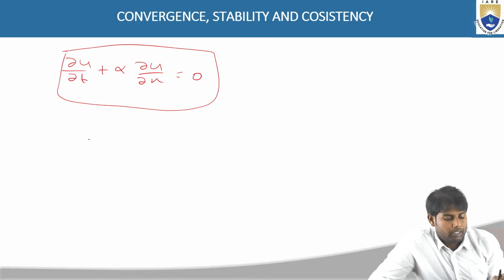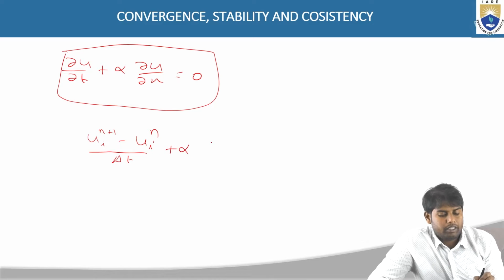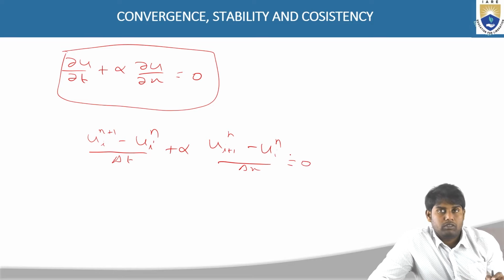So what we have is u of i, n plus 1 minus u of i to the power of n divided by delta t plus alpha into u of i plus 1 to the power of n minus u of i to the power of n divided by delta x is equal to 0. So this is what we have. So what is unknown we have? This is the unknown term which we have.